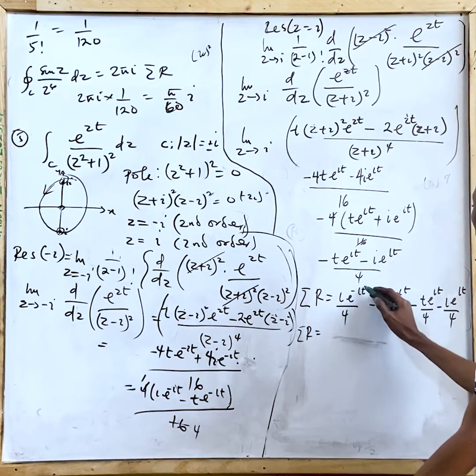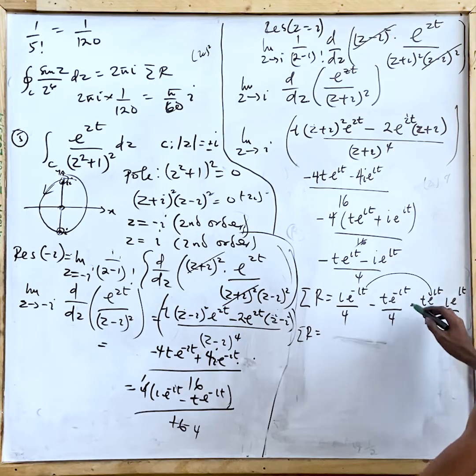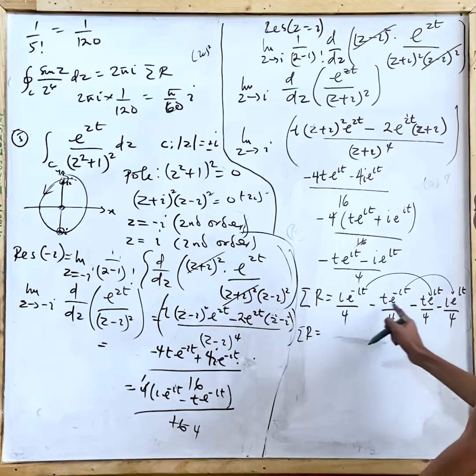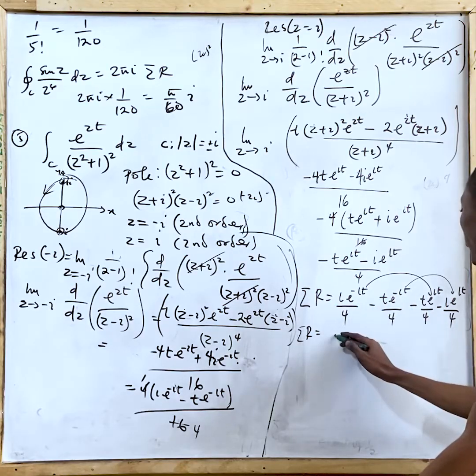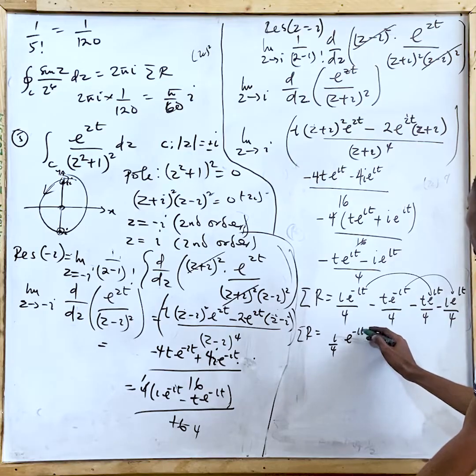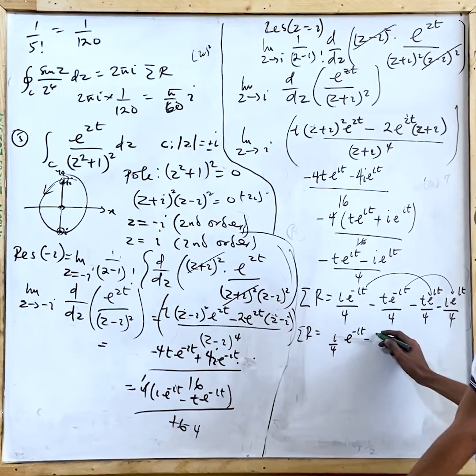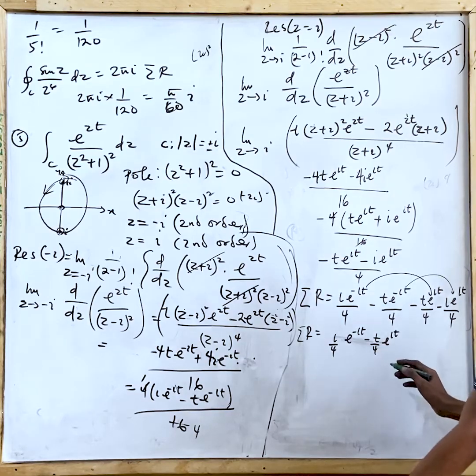So if I take these two and I pair these two as well, we are going to have i over 4 e raised to the power minus it minus t over 4 e raised to the power it.